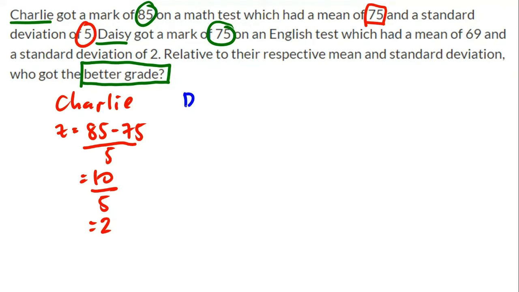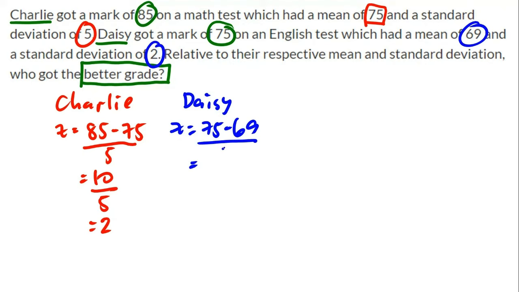While Daisy, so z is equal to 75 minus, what is the mean? 69 over standard deviation 2. So 75 minus 69 is 6 over 2, which is 3. So, anong mas mataas?